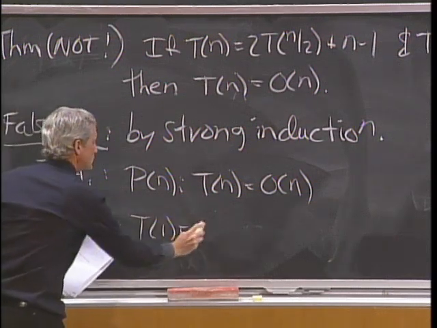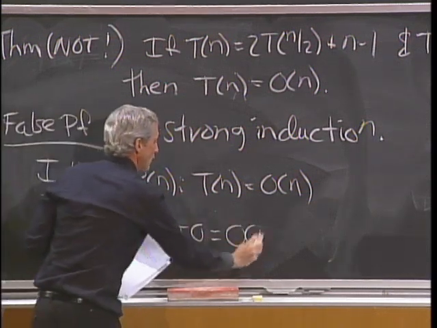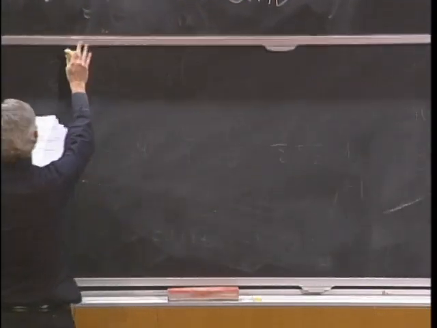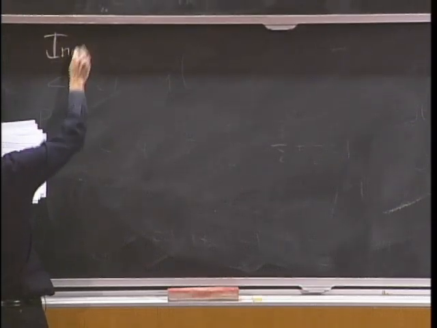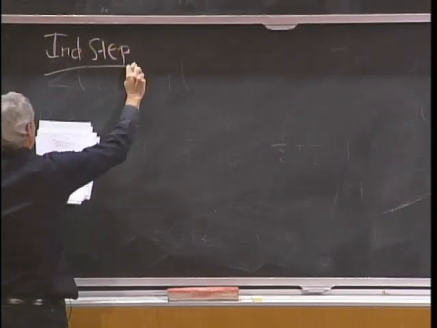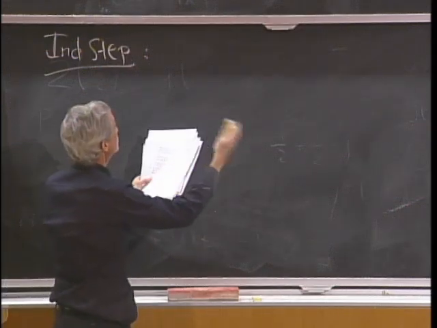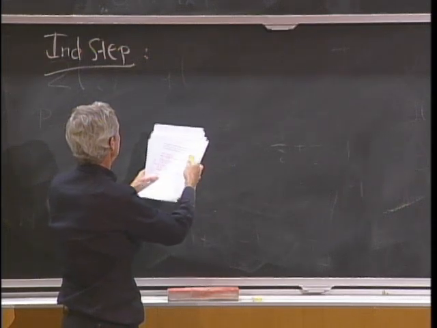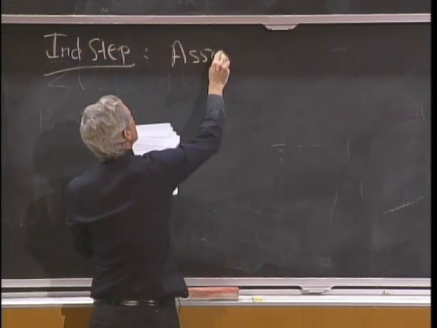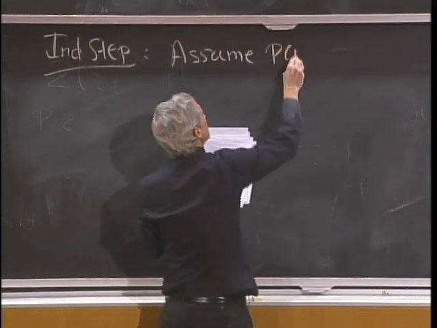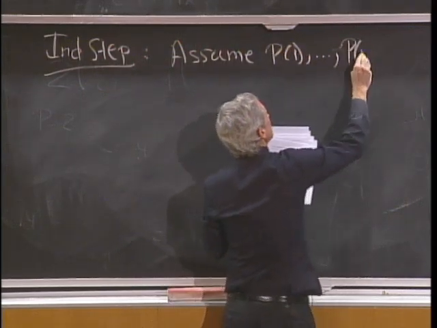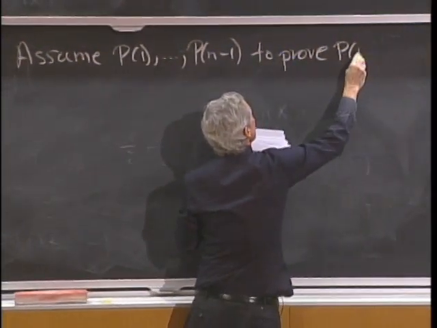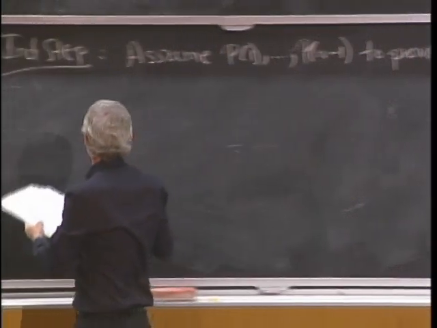T of 1 is 0. 0 is surely O of 1. The induction step: all right, we're going to assume P1, P2, P3 up to P of n minus 1 to prove P of n. All right, and let's look at P of n.